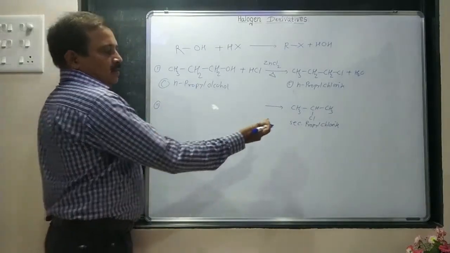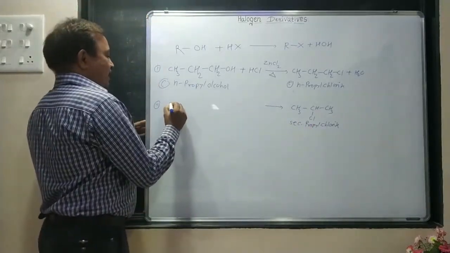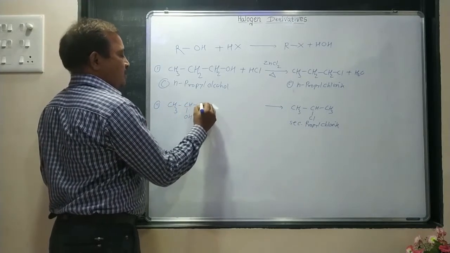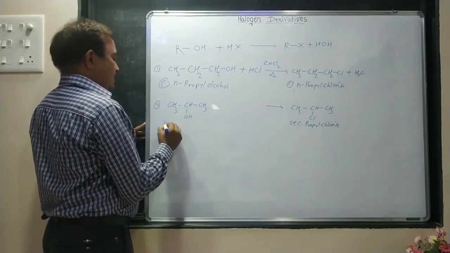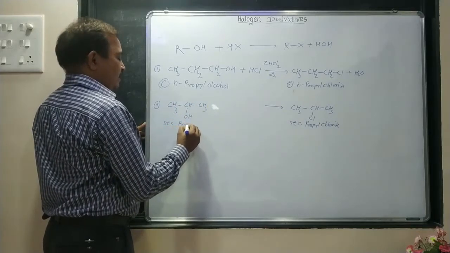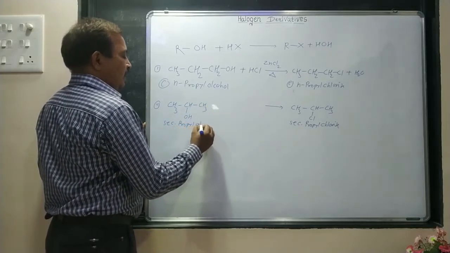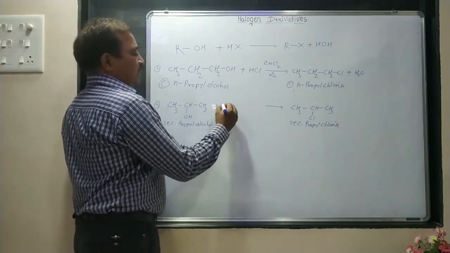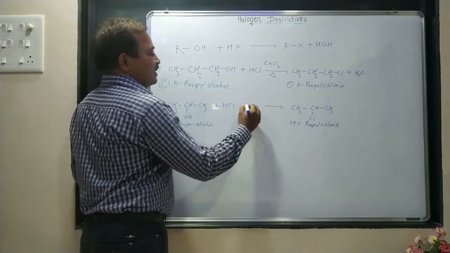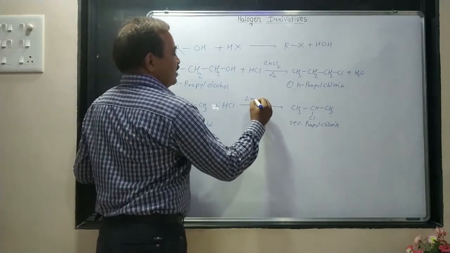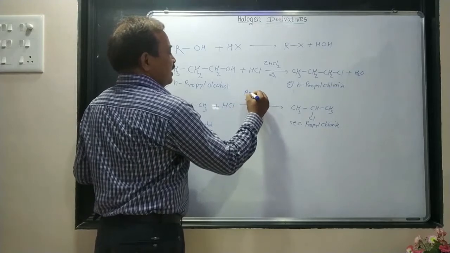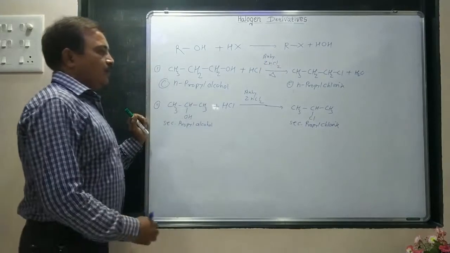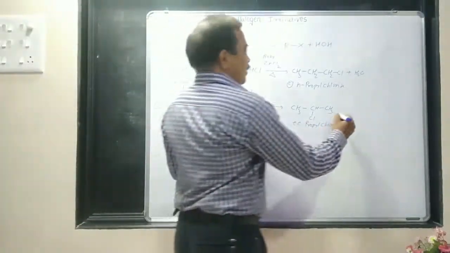So the corresponding alcohol I have to take here is CH3CHOHCH3, and this one is a secondary propyl alcohol. Again the reagent will be HCl in presence of anhydrous ZnCl2, plus water is obtained.